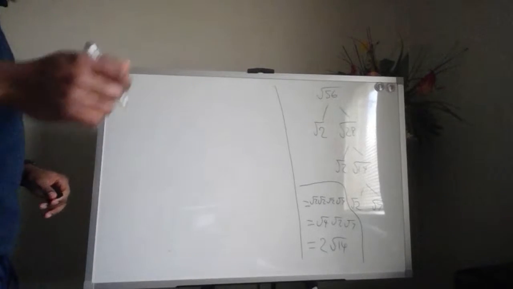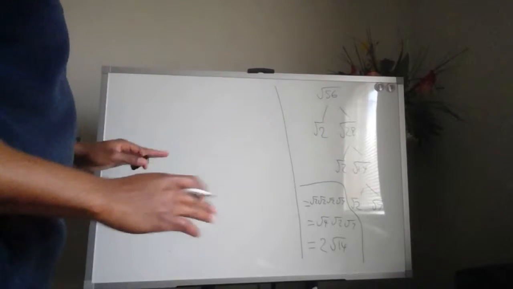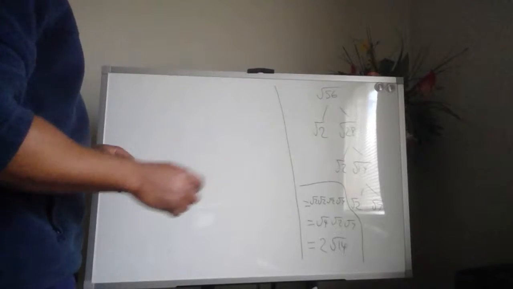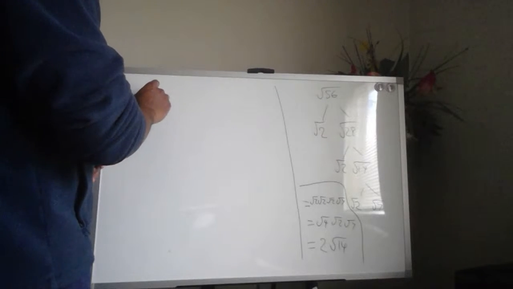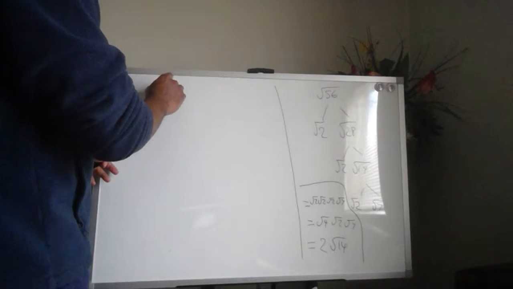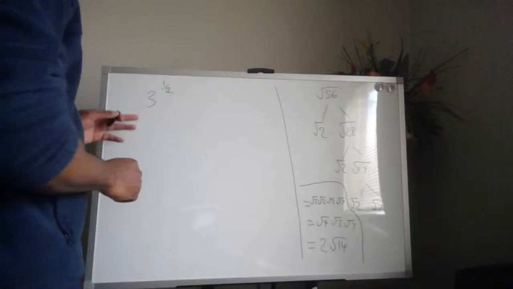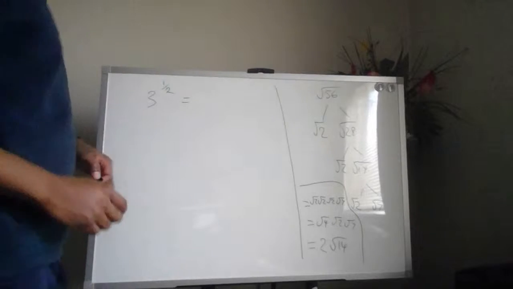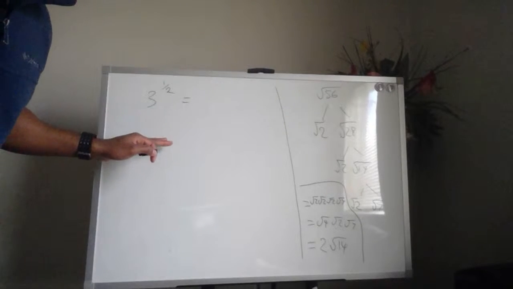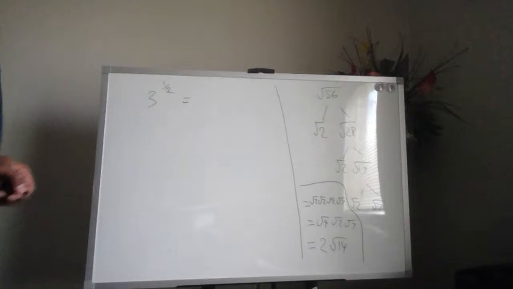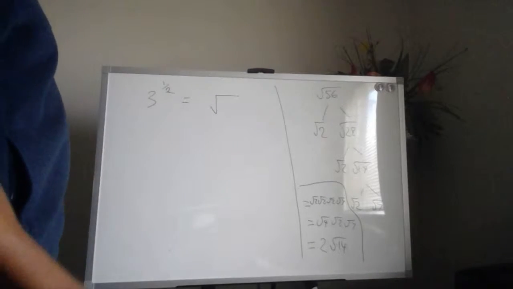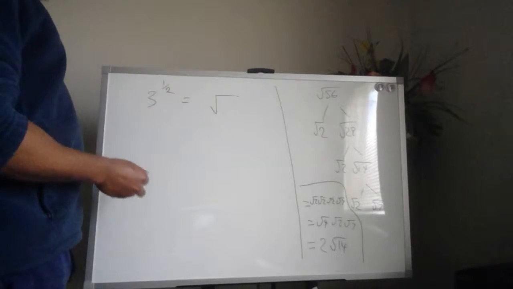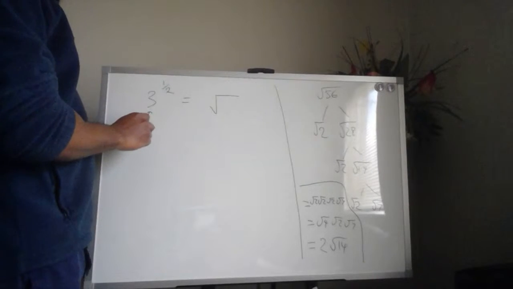Fractional exponents or rational exponents are just expressions with exponents written as fractions. So let's say we have something like 3 to the 1/2 power. This can be rewritten using the square root symbol. I'm going to start by doing that. This is called your radicand.